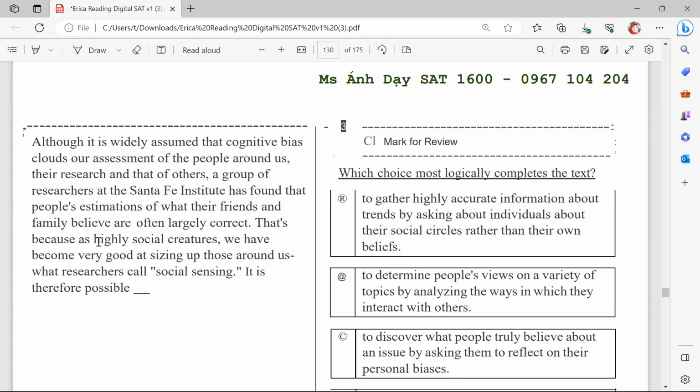That's because as highly social creatures, we have become very good at sizing up those around us, what researchers call social sensing. It is therefore possible.